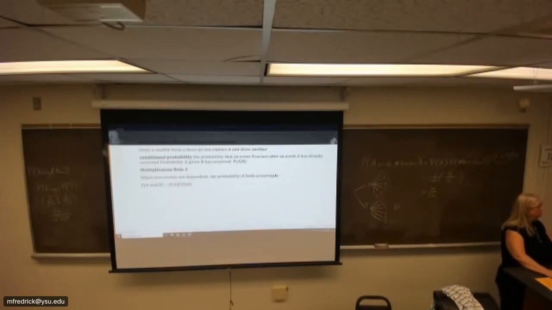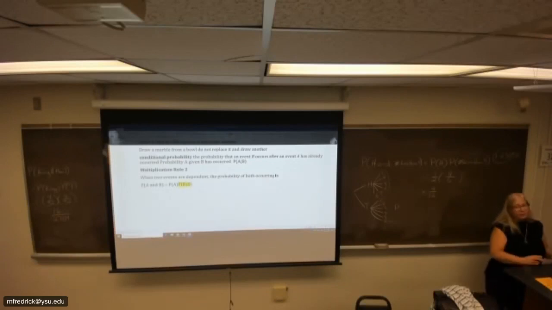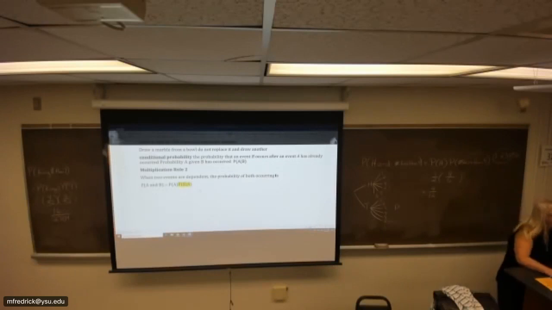For that, there's a second multiplication rule. When 2 events are dependent, the probability of both, this symbol here, that line, means given. We'll probably write it below.